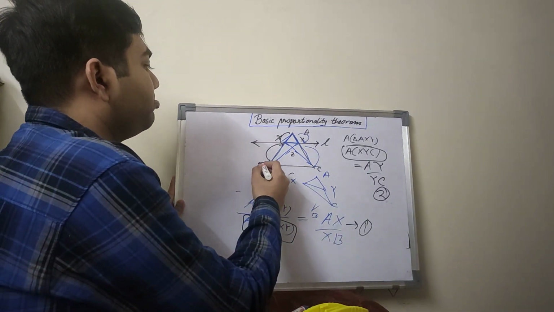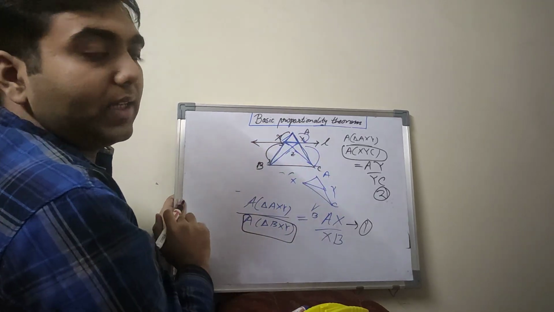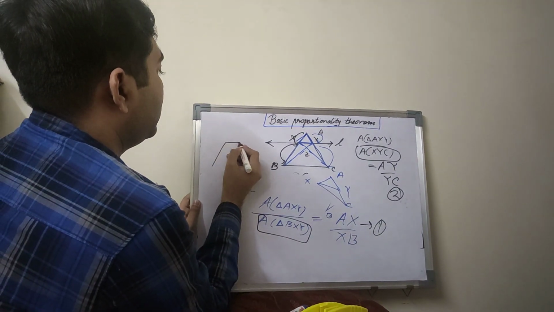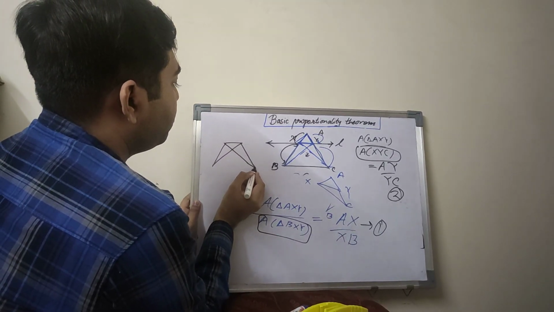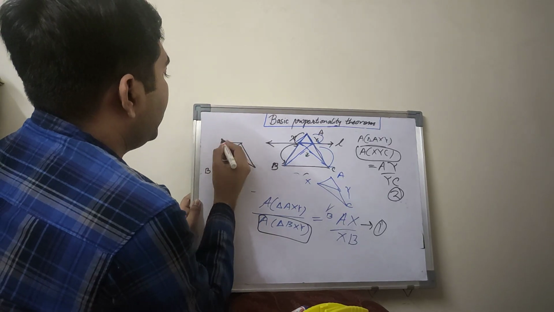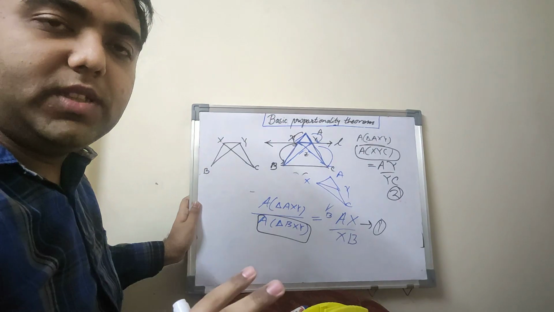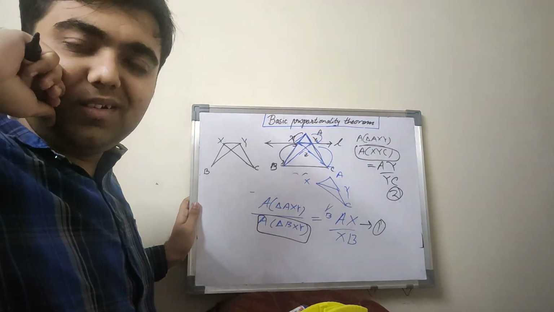Look at them in this figure. This was point B. BXY and XYC. I am going to highlight them over here. Now what's very special in them? These two triangles form the third case which we learned.